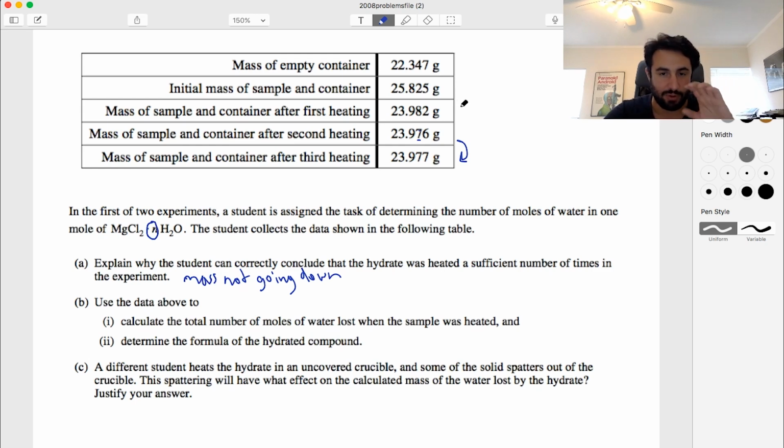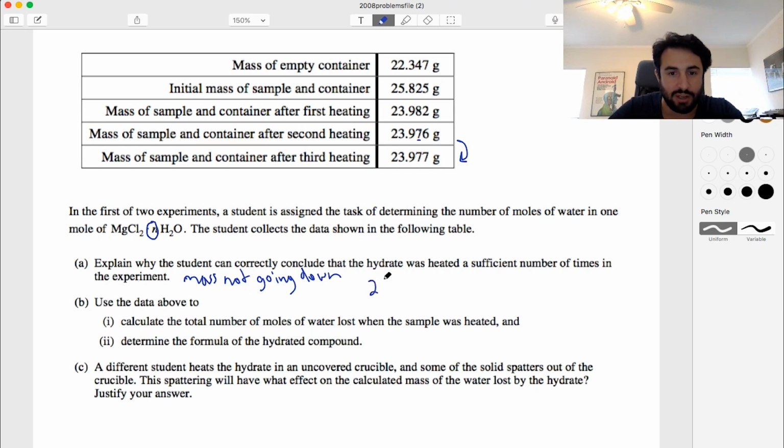That's got the metal and all of the water. And then we are going to subtract one of these. Since we didn't lose any water there, it doesn't really matter which one. But this is after all the water is gone. So we have the container and the sample with all the water, and then the container and the sample with the water gone.